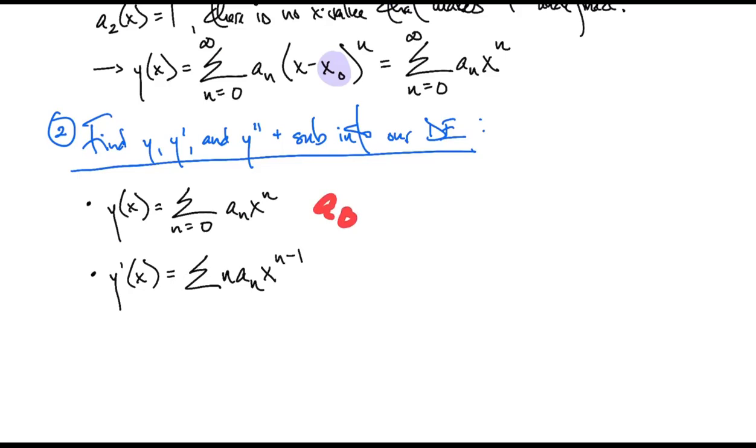What happened to that term when we took the derivative? It just became 0, right? So in effect, we don't have n equals 0 anymore because the first term went to 0. So we compensate for that by writing n equals 1 on the bottom here, because the a sub 0 term went to 0, so we just start counting from the first term, n equals 1, a sub 1. Okay.